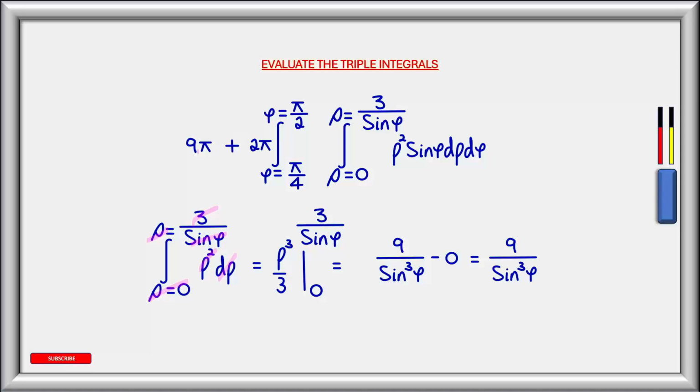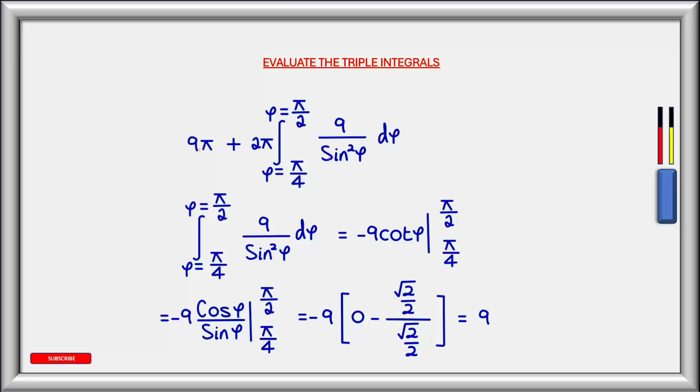Evaluating this using the power rule comes to rho cubed divided by 3, and plugging in the limits of integration, we have 9 divided by sine cubed phi minus 0, and this equals 9 divided by sine cubed phi. And for the middle integral, we want to integrate from phi equals pi by 4 to phi equals pi by 2 of 9 divided by sine squared phi d phi.